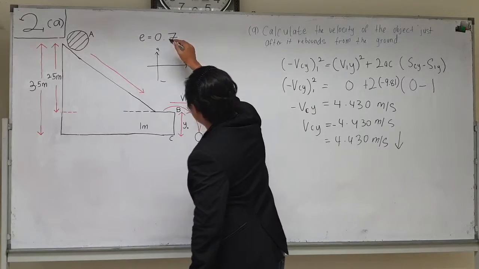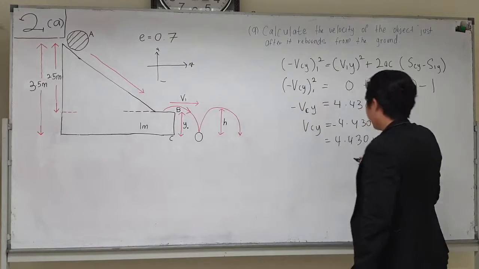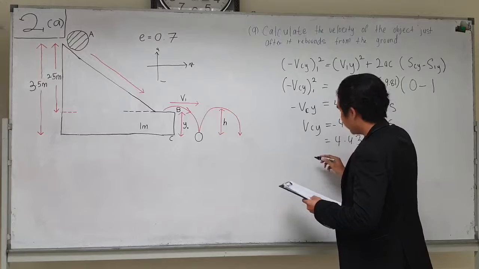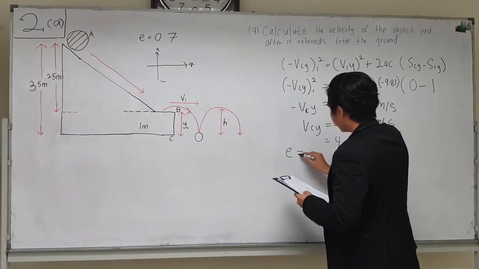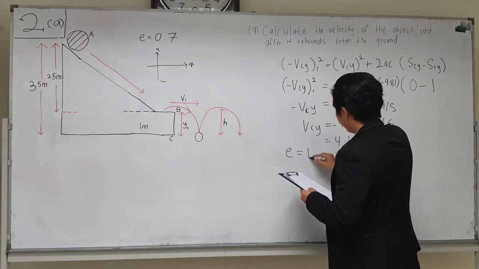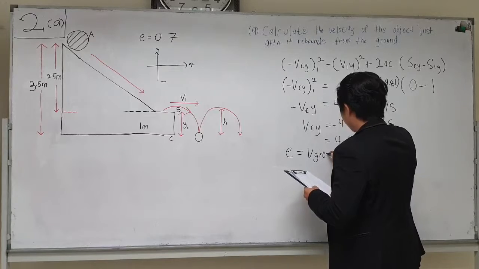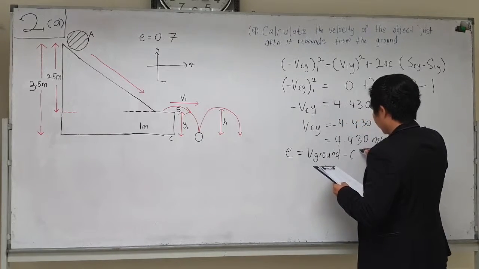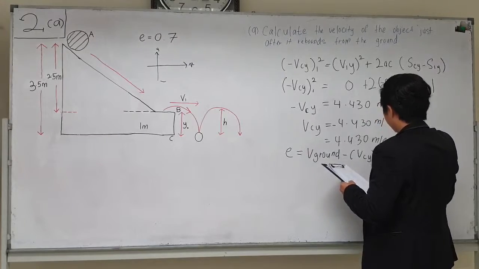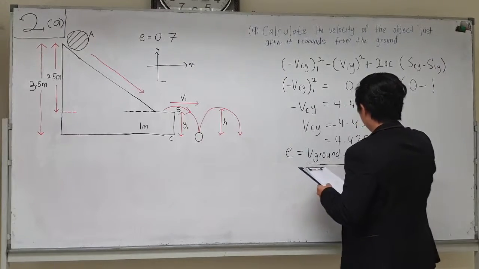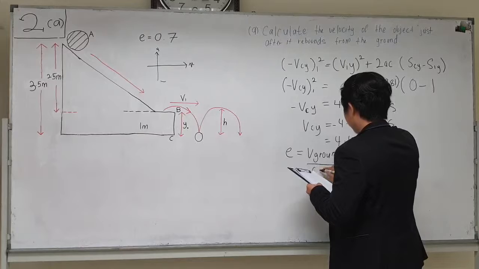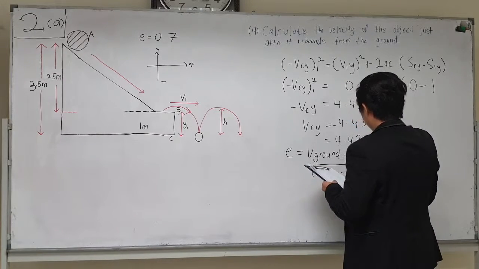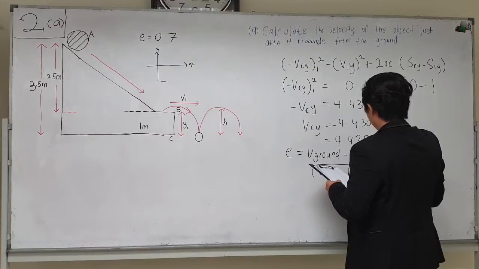The value is 0.7, and I will write down the equation first. e equals V ground minus V2Y divided by V1Y minus V ground.